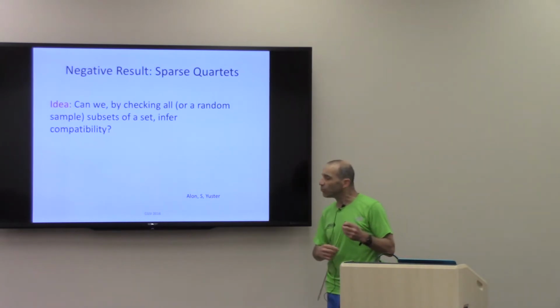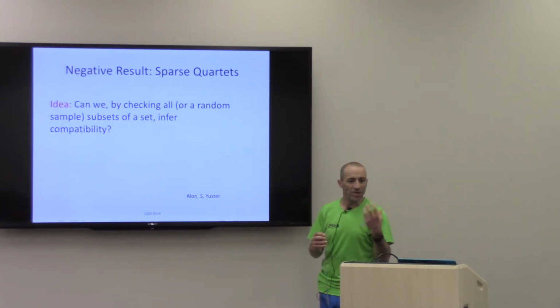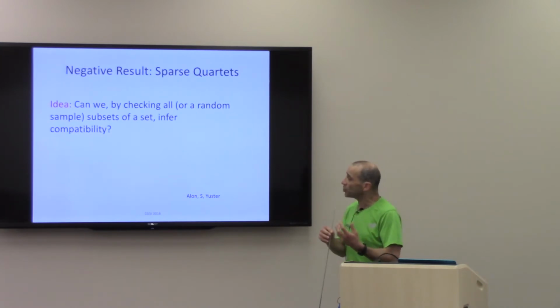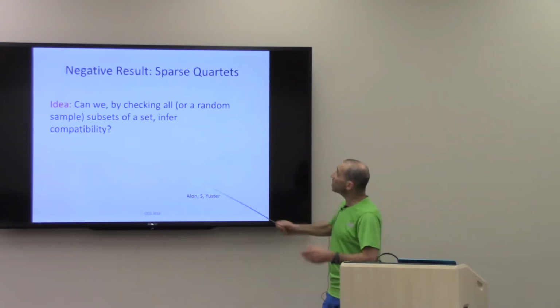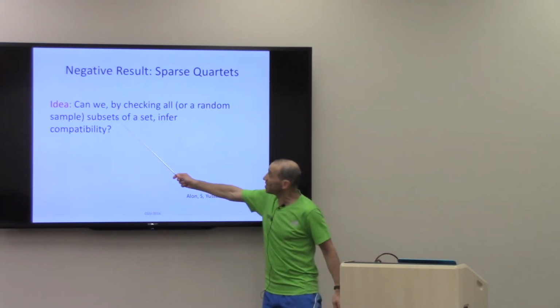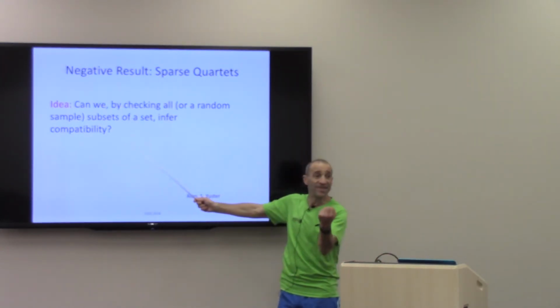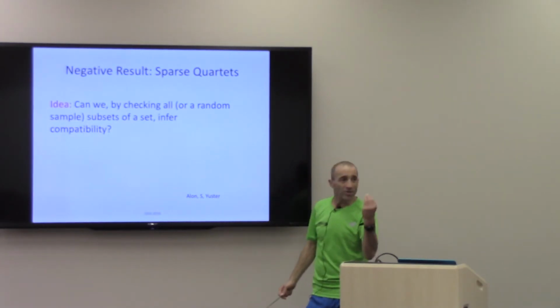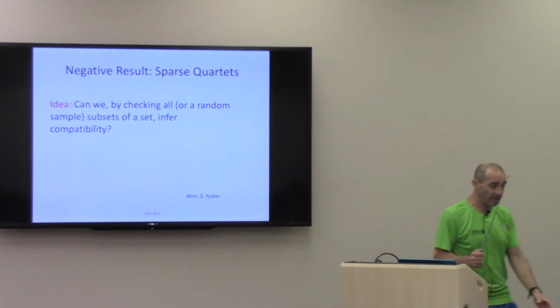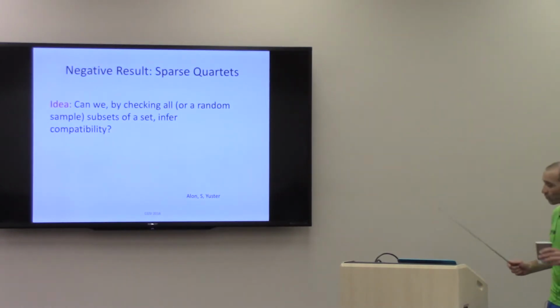And the question is, if we have some structure in the input, and we check all, or even a random sample of subsets, or the subset of the given set, what will we be able to say on the compatibility?